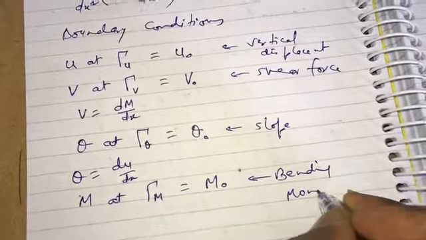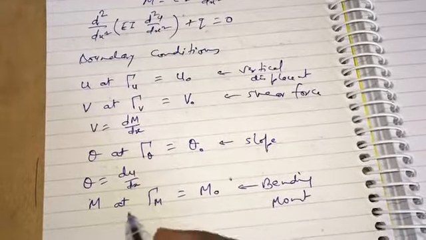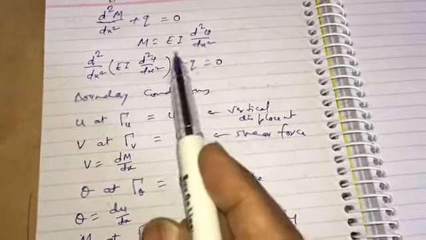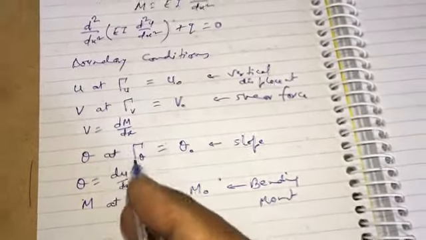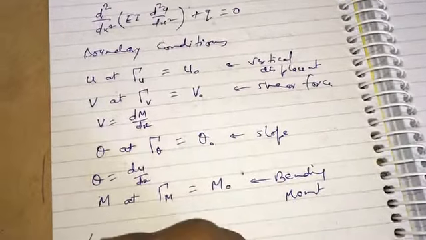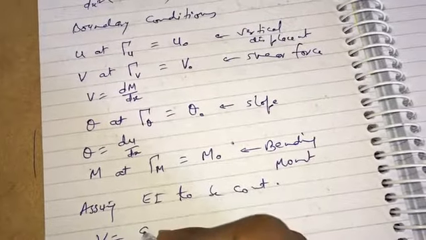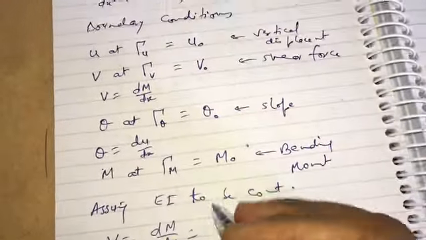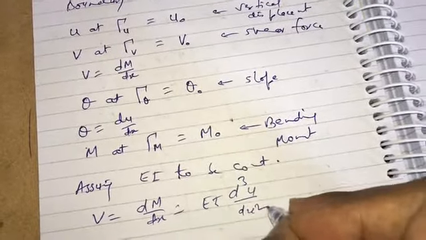As you know, the equation of how M is related to u is given here, and accordingly you can find out what V will be. Assuming EI to be constant, V will be dM over dx, and M is like this, so it becomes EI d cubed u over dx cubed.